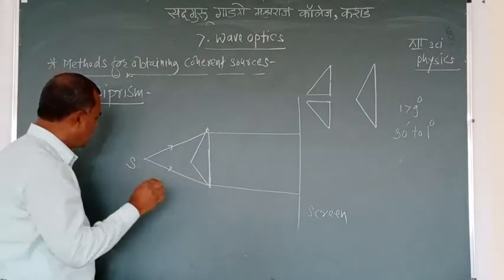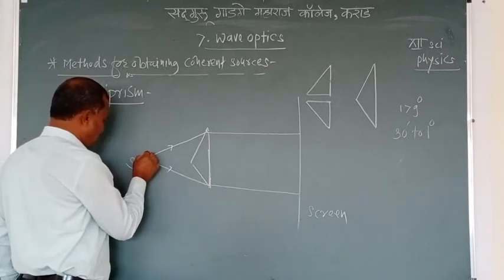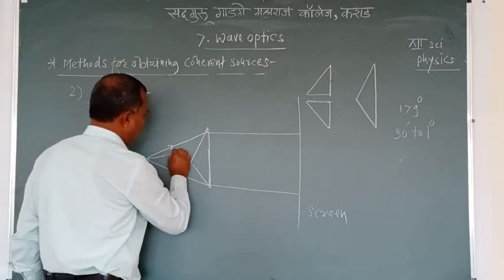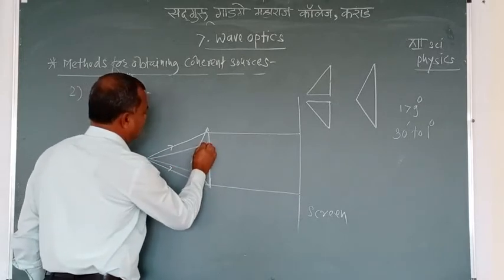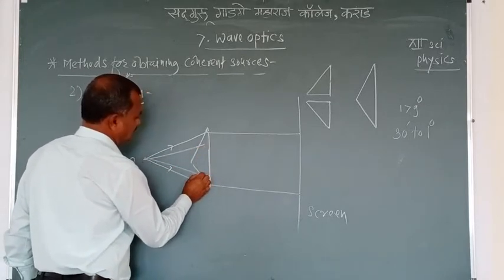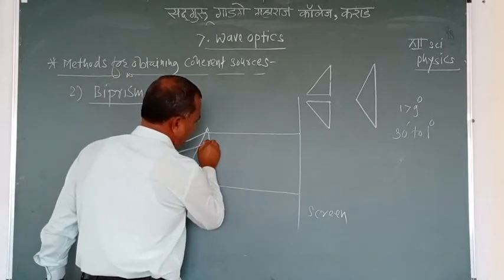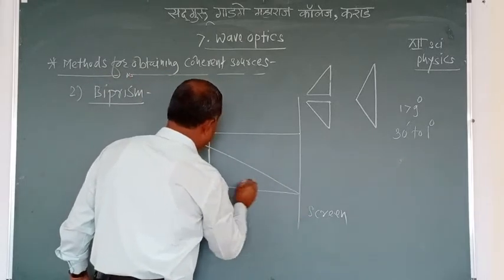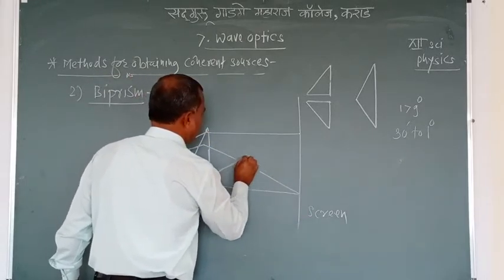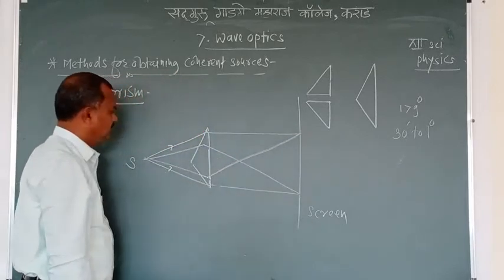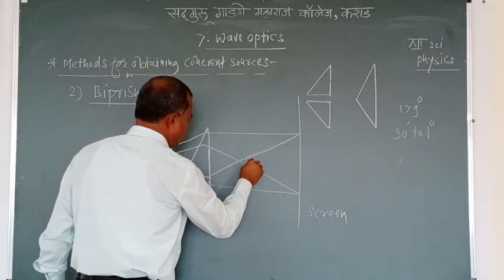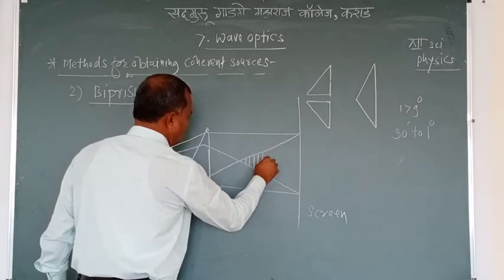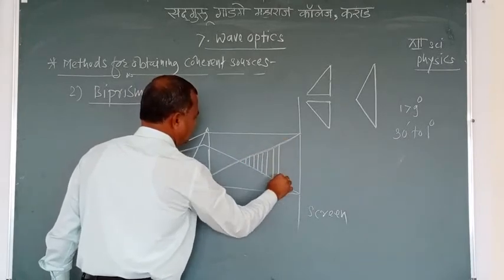We consider other rays emitted from source S incident on the biprism like this. After refraction, these rays are incident on the screen like this. Then we get a region of interference shown by these vertical lines.